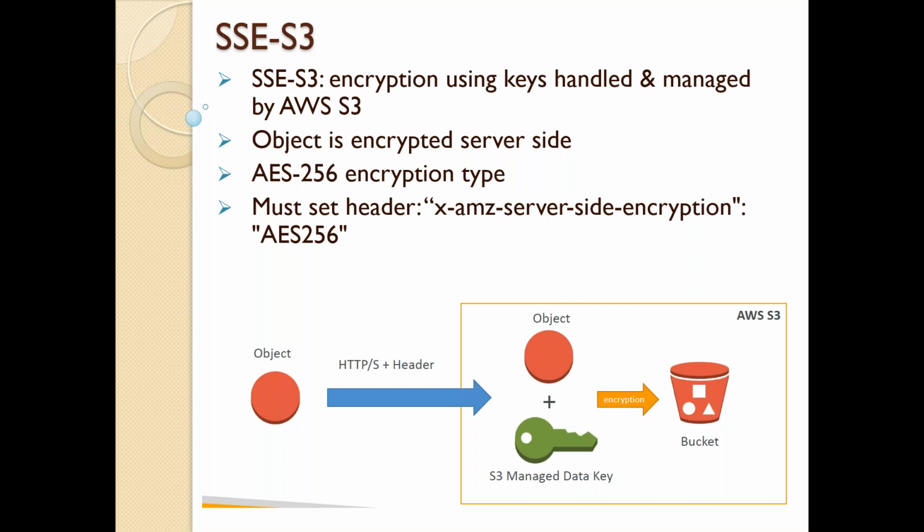When you see the term SSE-S3, that means S3 is going to handle all the keys and everything for us. We don't have any access. The only thing we need to make sure is that we pass this header. If you don't pass this header, then your object will not be encrypted.